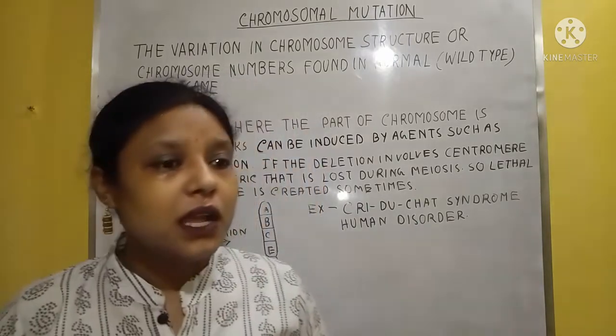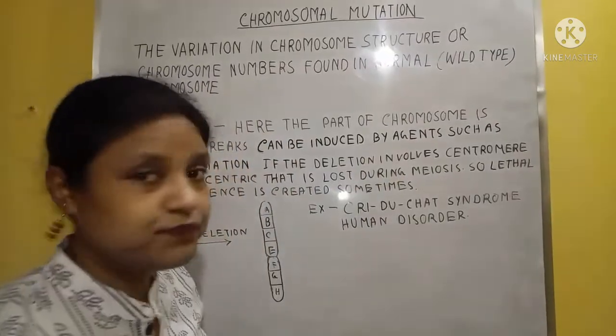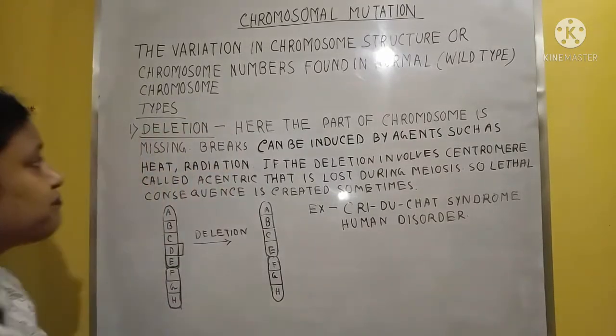So when the number or the structure of the normal chromosome, or wild type chromosome, changes in any way, then the chromosomal mutation occurs. Clear? Generally there are 4 types of mutations found in the chromosomes, and the first one is the deletion. What is the deletion?